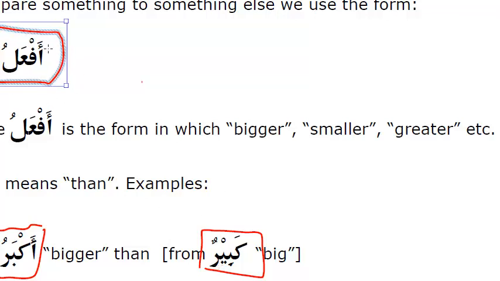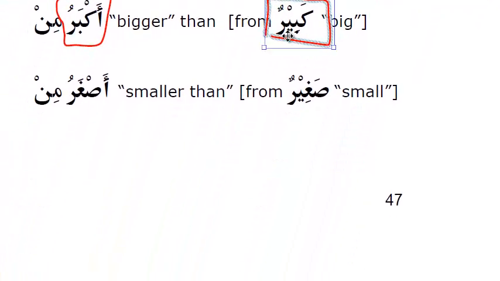So if you convert it to this form af'alu, you add the alif there, and you also take out this ya. These are additional letters. The ya there is an additional letter, not a root letter. So then you get akbaru min, which means bigger than.